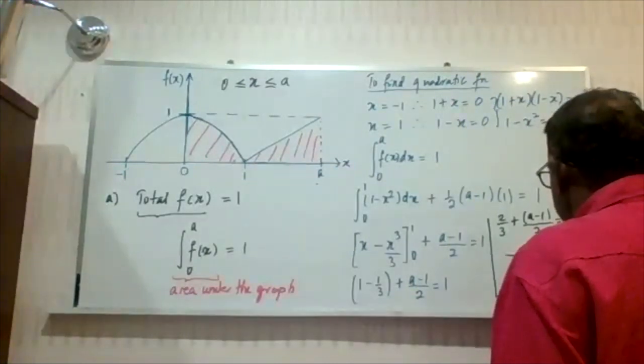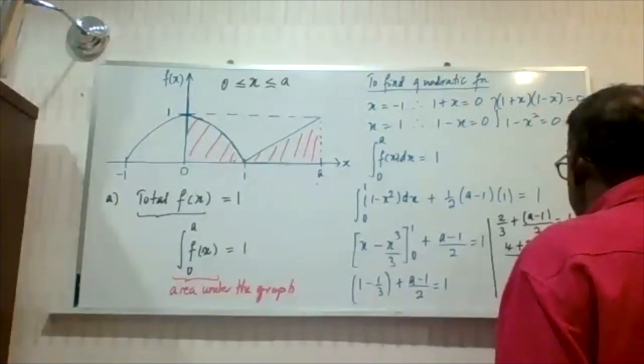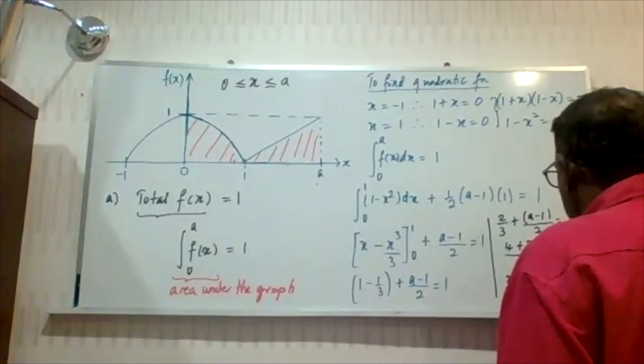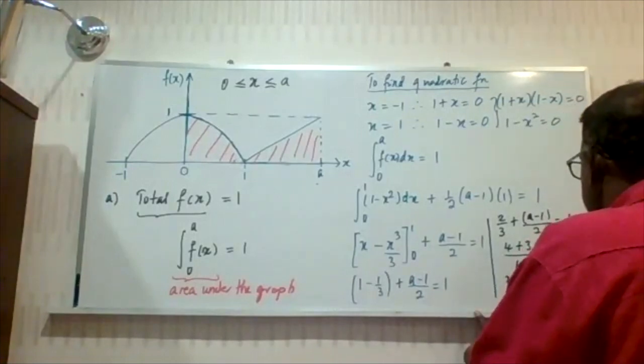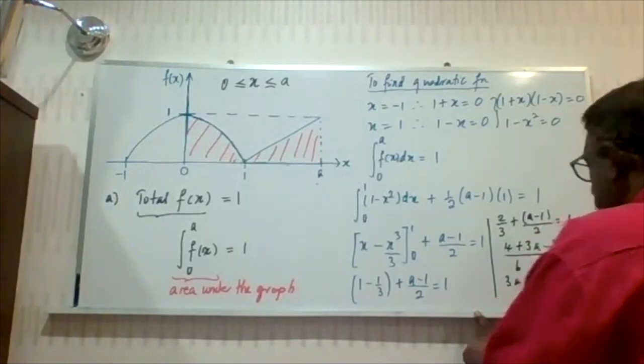So that will be 4 plus 3a minus 3 equals 6. So 3a plus 1 equals 6, so a equals 5 over 3.